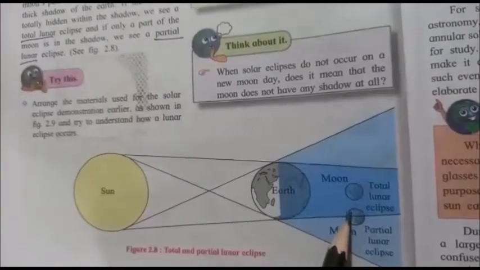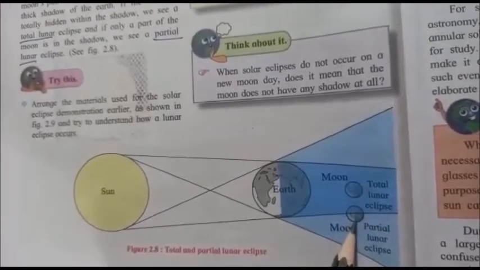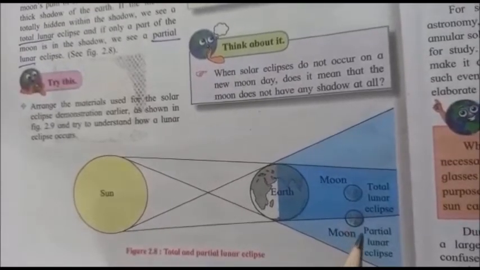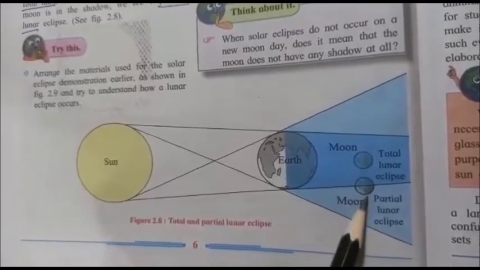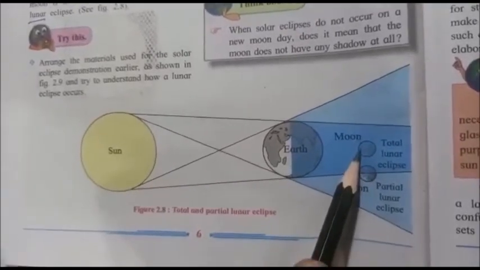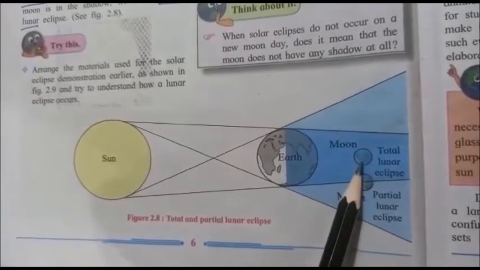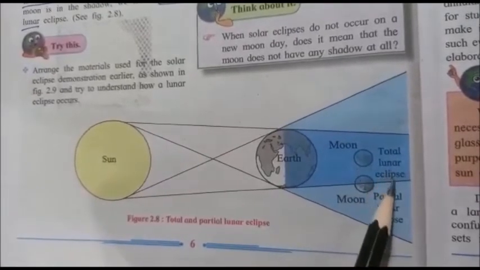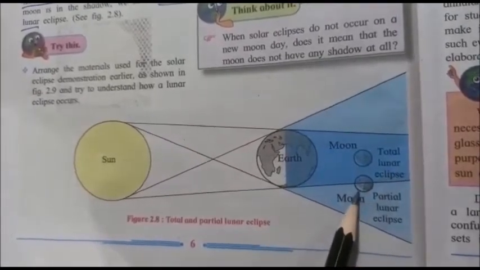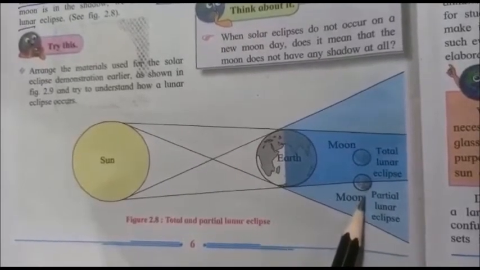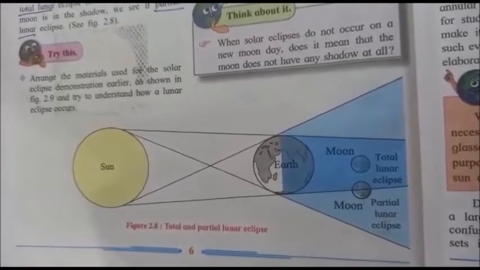And if a part of the moon is in the shadow, we see a partial lunar eclipse. You can see the pictures here. Here the moon is totally hidden in the shadow of the earth, that is a total lunar eclipse. And here the moon has entered partially into the shadow of the earth, that is a partial lunar eclipse.